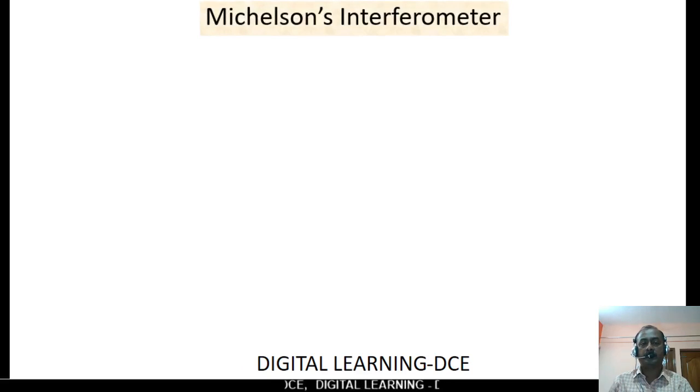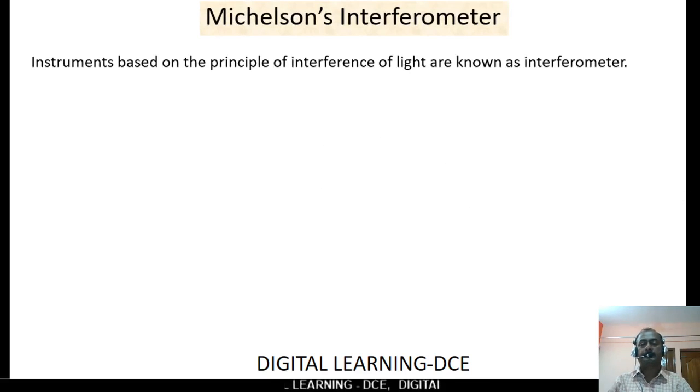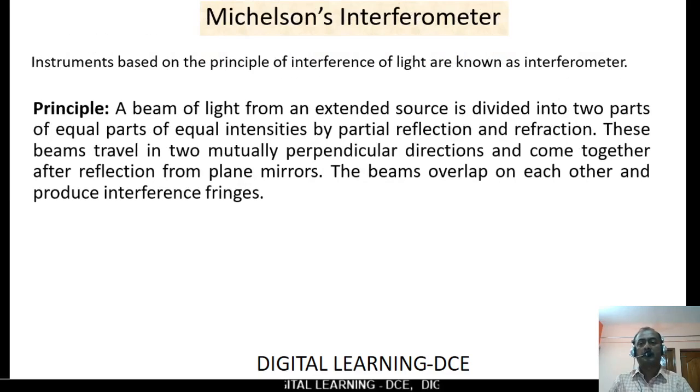Michelson's interferometer. Dear students, instruments based on the principle of interference of light are known as interferometers. This interferometer is based on the principle that a beam of light from an extended source is divided into two parts of equal intensities by partial reflection and refraction.